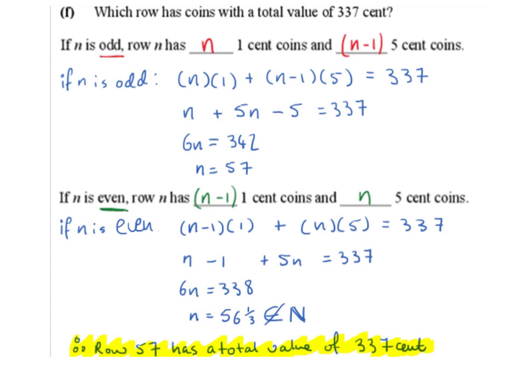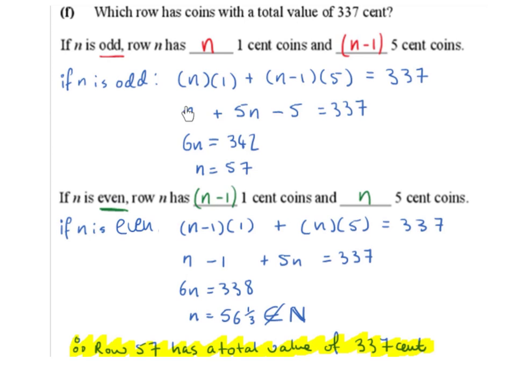F. Which row has coins with a total value of 337 cent? So we're going to take this statement from a previous question. If n is odd, row n has n 1-cent coins and n minus 1 5-cent coins. So if n is odd, we're going to have n multiplied by 1 cent plus n minus 1 multiplied by 5 cent, and this will be equal to 337.